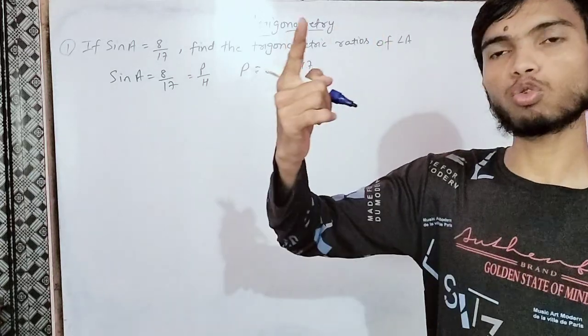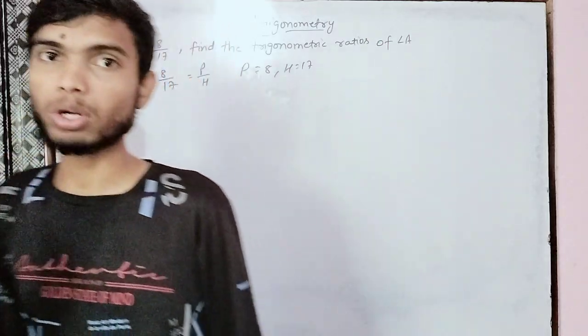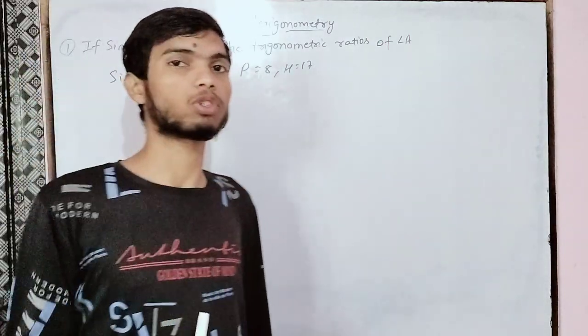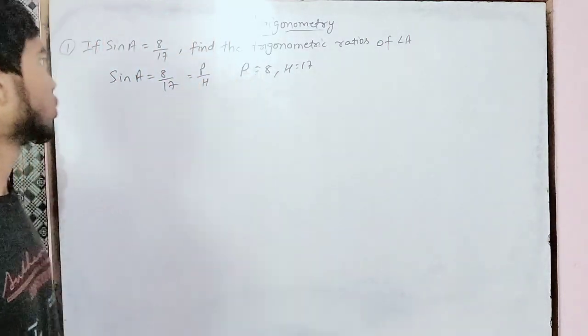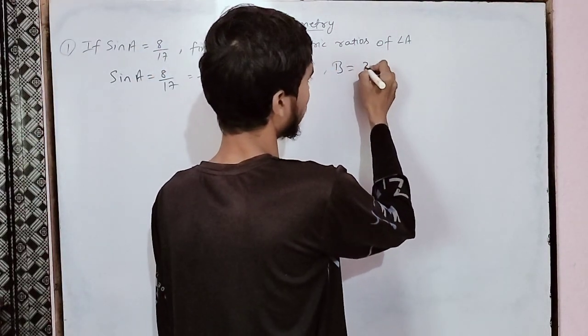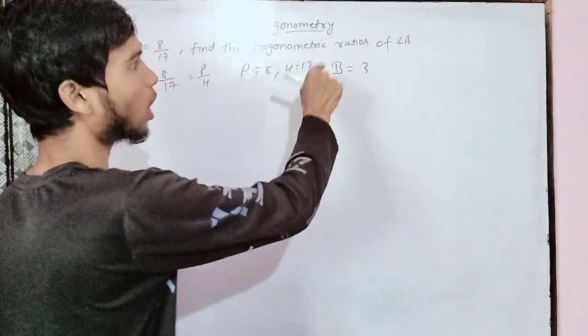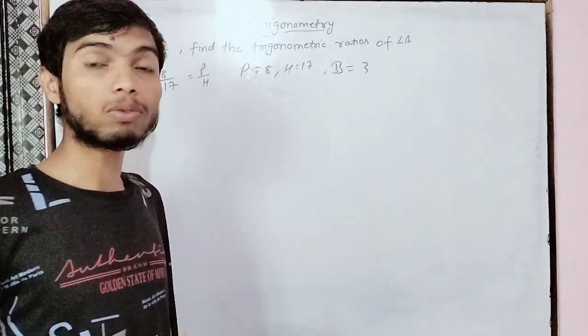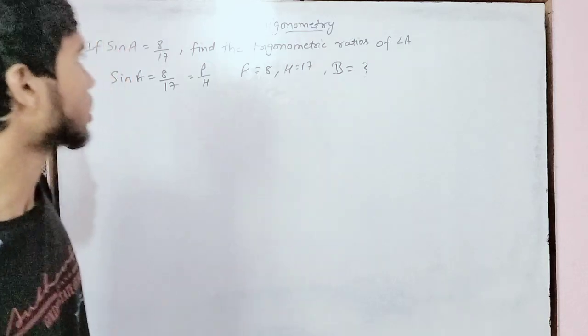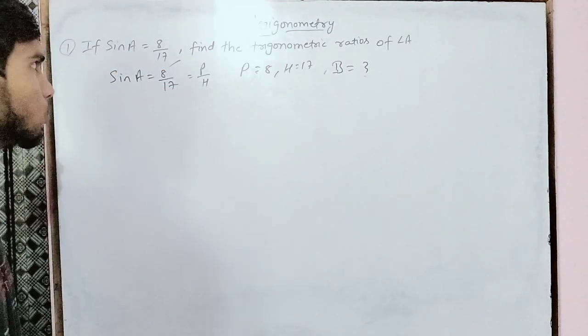So how do we find the value of the side that is not given? So here we have to find B. We don't know it. So is it compulsory to know the value of B? So, the question till here we have understood.